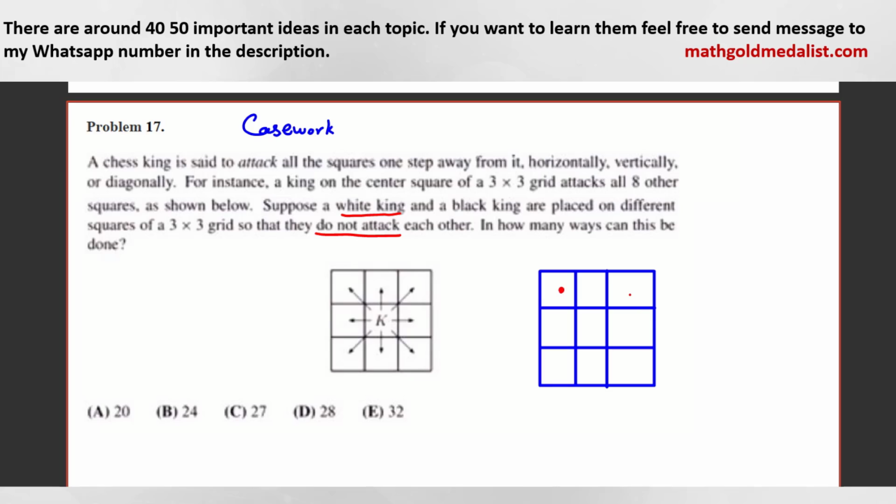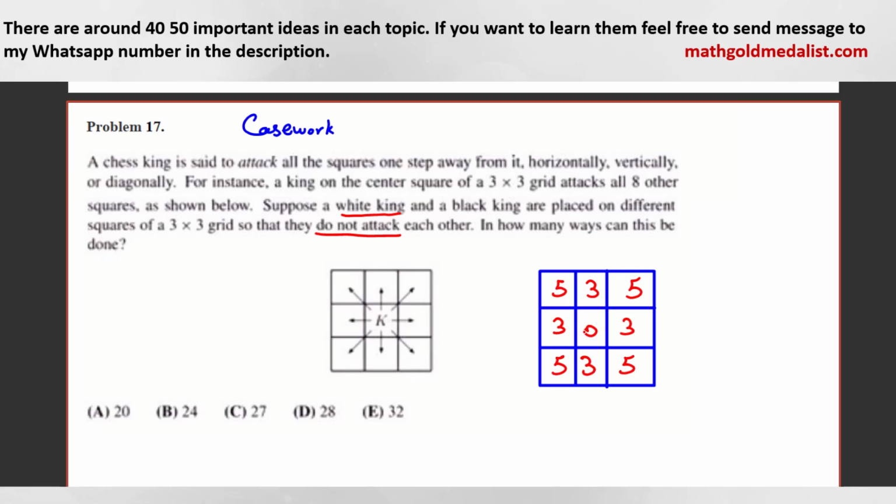If the white king is here, the black king can be here, here... 5 options. So we write 5 here. Similarly, all corners are 5. If we place the white king here, the black king can be here, 3 options. And this one 3 options, 3 options, 3 options.